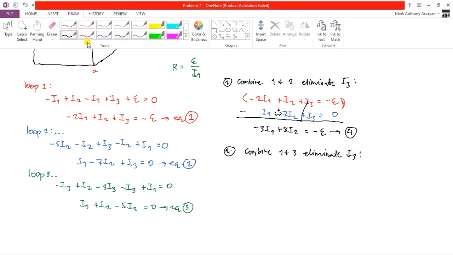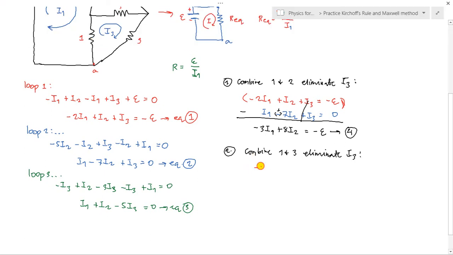So for equation 1, again, negative 2I1 plus I2 plus I3 is equal to negative e. Then for equation 3, we have I1 plus I2 minus 5I3 is equals to 0.